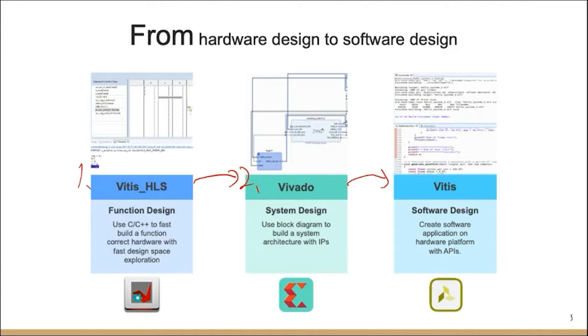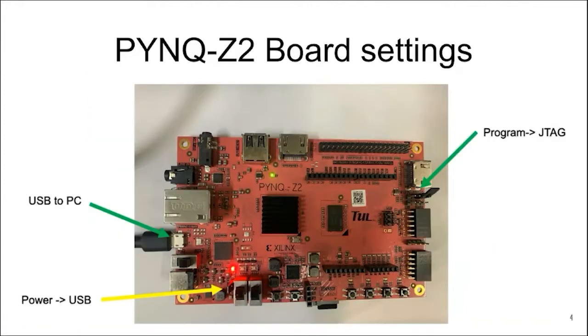Because I have a Zynq PYNQ-Z2 board, I can test this lab on the Z2 board. And you should modify something. It's different from lab 1 or lab 2. Of course, you have to connect the USB to your host PC.